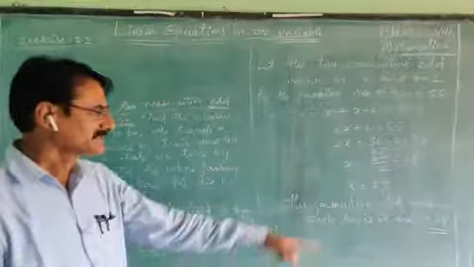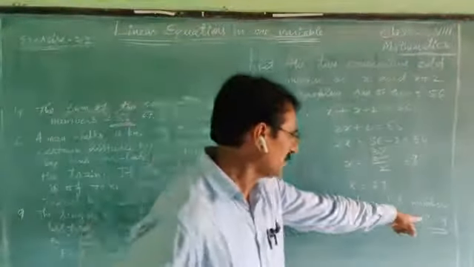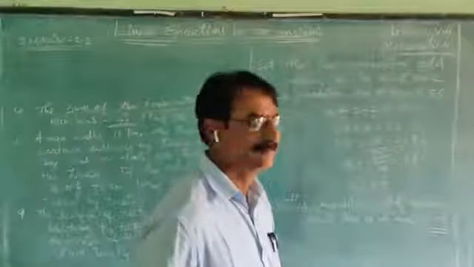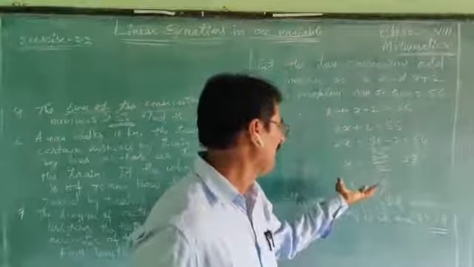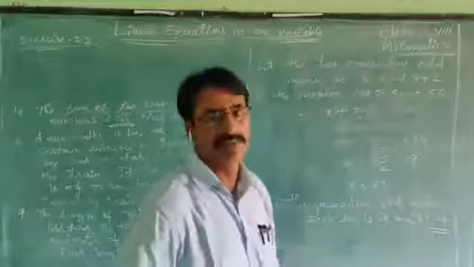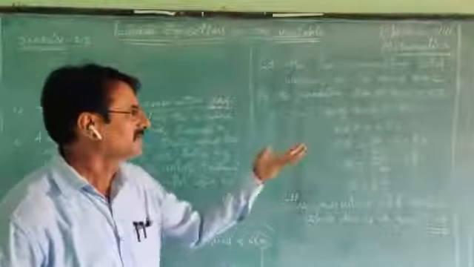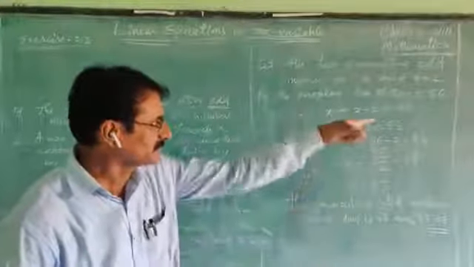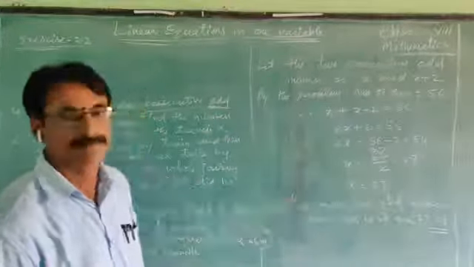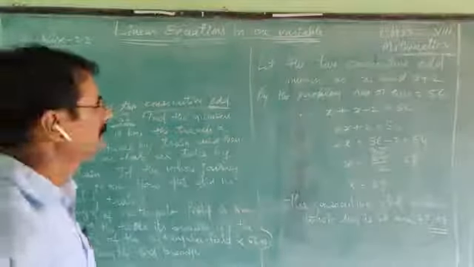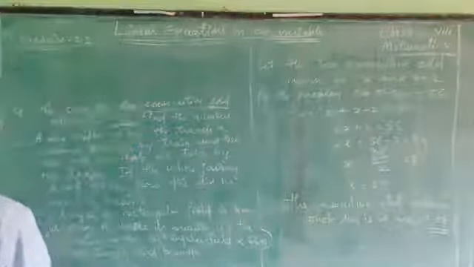You understand? Sum of them, 27 and 29 equal to 56. First, we have to find the x value, then we get the other number, x plus 2 value. If x equal to 27, then x plus 2 equal to 27 plus 2, 29. Okay? See that one, you observe it?